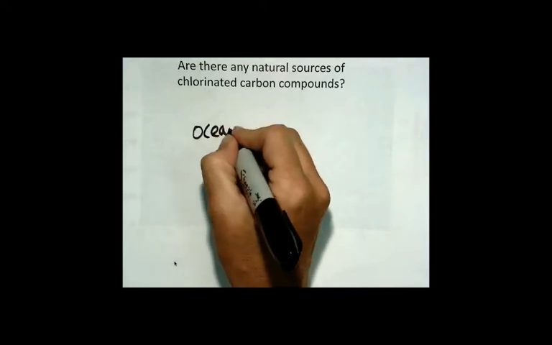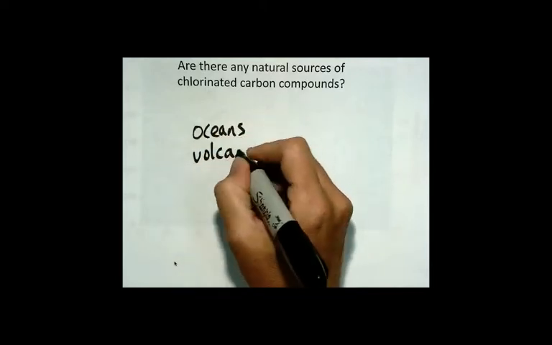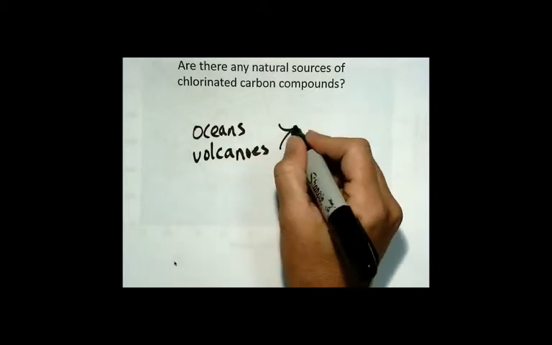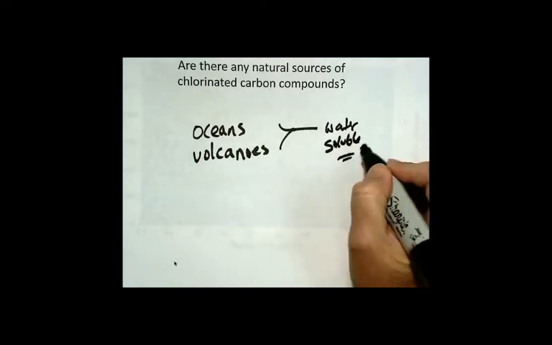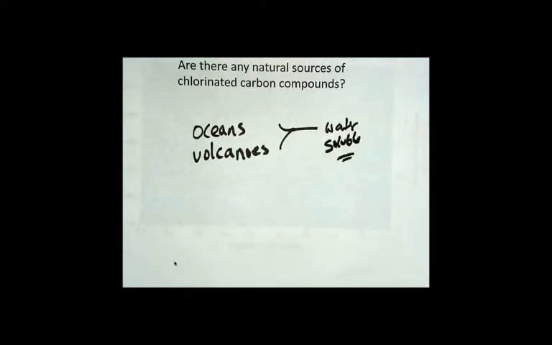I mean, you can get chlorine from the oceans and from volcanoes, but the types of chlorinated carbons that come from the oceans and from volcanoes are water soluble, and those chemicals would never reach that high concentration. The chlorofluorocarbons are not water soluble, so they don't get washed out in the rain, whereas the naturally occurring chemical compounds are water soluble, and would get washed out by the rain. So it's truly a smoking gun that these chlorofluorocarbons were the source of chlorine atoms that caused the decrease of the ozone in the stratosphere.